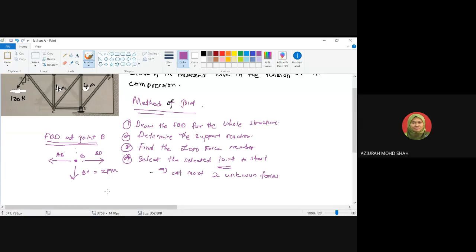Dulu kita ada belajar dalam chapter 2, kita cuma kenal Fx dengan Fy sahaja. Jadi at most paling banyak unknown 2 saja. Sebab kalau 3, you don't have any equation to solve that. Sebab kita cuma ada 2 equation saja, Fx and Fy. So at most 2 unknown, you have to choose.